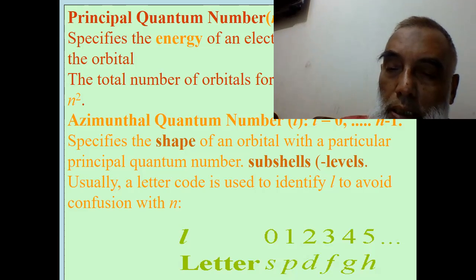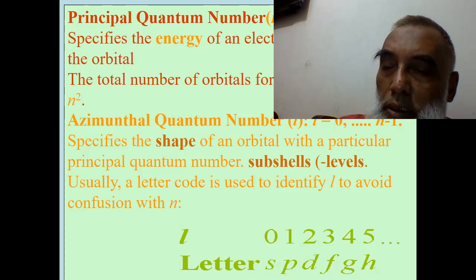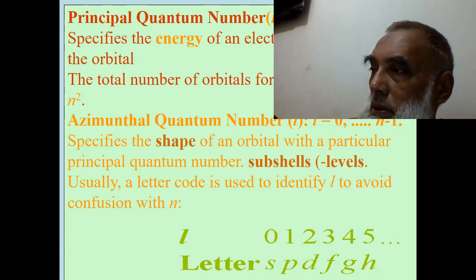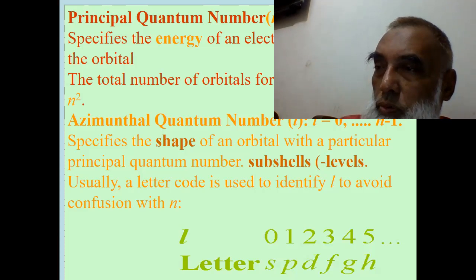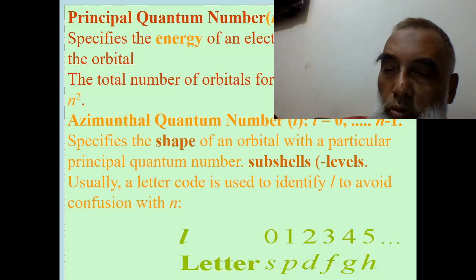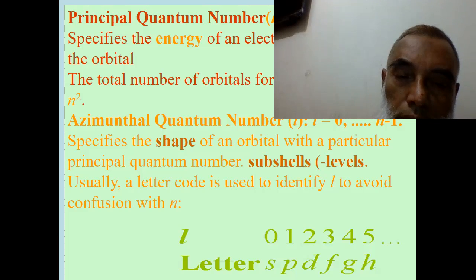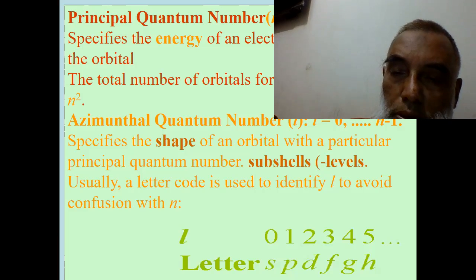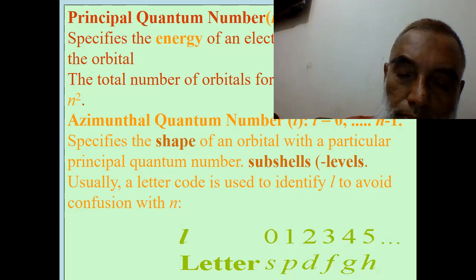So if n is 1, then L will be 1 minus 1, which is 0, only 0. Its digital value will be 0, and alphabetically this 0 orbital is represented by s.